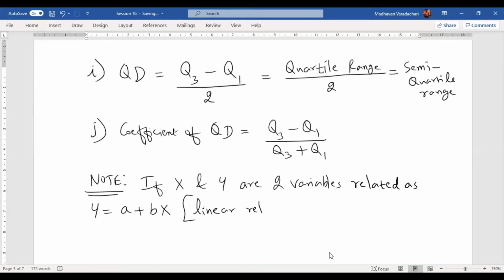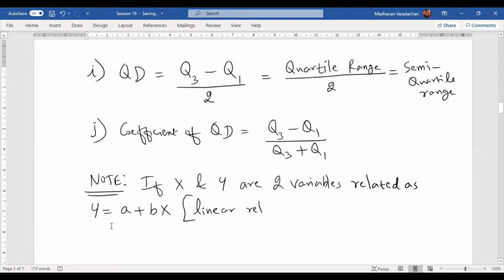Why linear relationship? Because if I plot this on a graph, knowing the values of a and b, these two are some numbers, and then if I substitute a value of x, we will get a value of y. Likewise, if I substitute different values of x, I'll get different values of y.